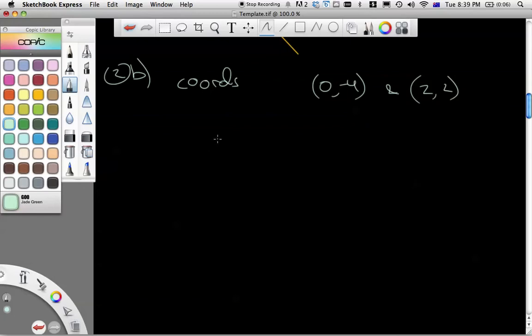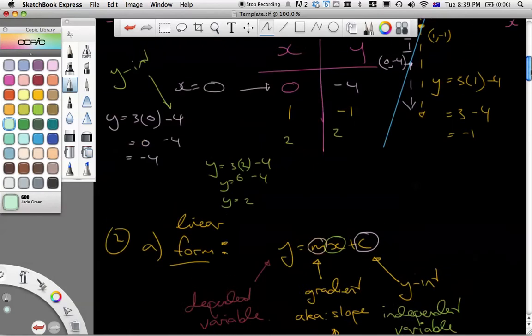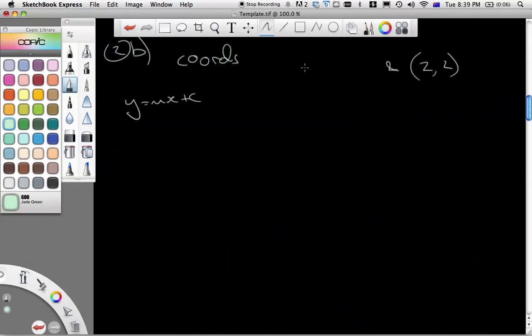Well, the question is, we've got our y equals mx plus c. Actually, if we used 1, -1, and 2, 2, we could say, okay, is the y-intercept there at all?